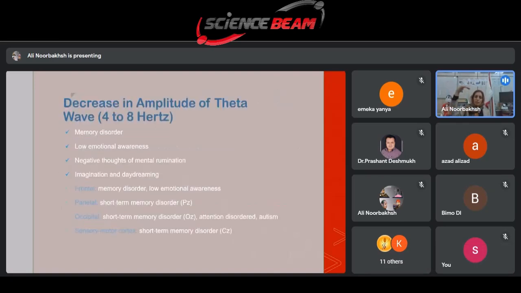A decrease in the amplitude of theta wave is related to memory disorder, low emotional awareness, and negative thoughts of mental rumination, imagination, and daydreaming. If theta decreases on the frontal lobe, it's related to memory disorder and low emotion awareness.